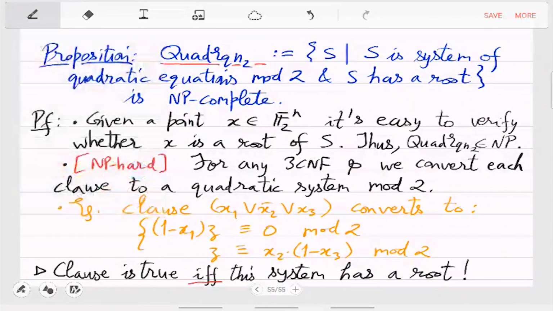And you do this for every clause in your 3CNF phi, and you will just get roughly double the number of quadratic equations. Variables will at most double. If there are n variables, at most you will get n plus the number of clauses many variables. So variables don't blow up too much, number of equations doesn't blow up too much, and you have what you wanted.